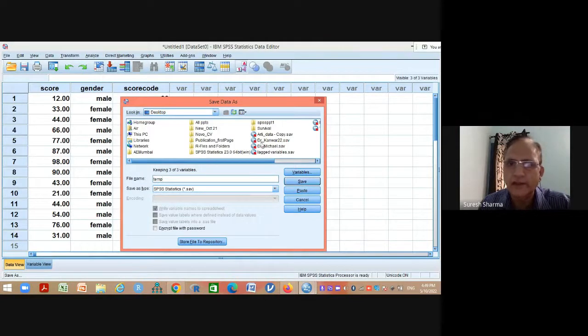The name will appear like this. For example, this is an SPSS file, RT_data copy. And automatically the extension will be shown after your file name, so it will appear as temp.sav. SAV stands for an SPSS saved file. So this is how you can save the file.